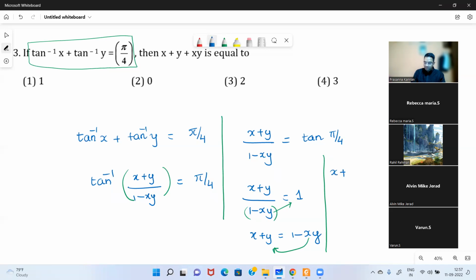So x plus y plus xy will be equal to what is left out on the right side? 1, sir. 1, exactly. So the right answer is x plus y plus xy is equal to 1, which is the first option. Is it clear to you? Yes, sir. Please take it down.